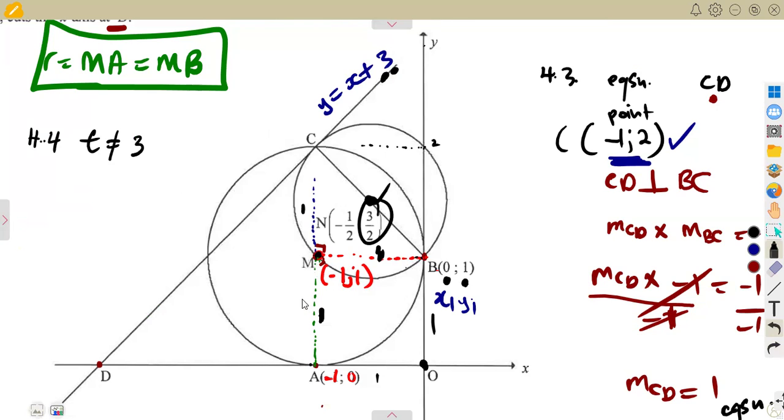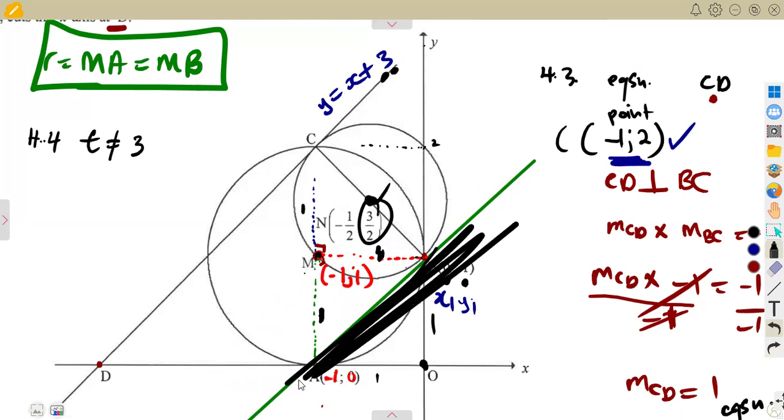But that is not the only case about this t. It is also affected because of the same concept between A and B. This line AB is also parallel to that line, because it has the same gradient of 1. The increase in y over the increase in x is plus 1 over plus 1.